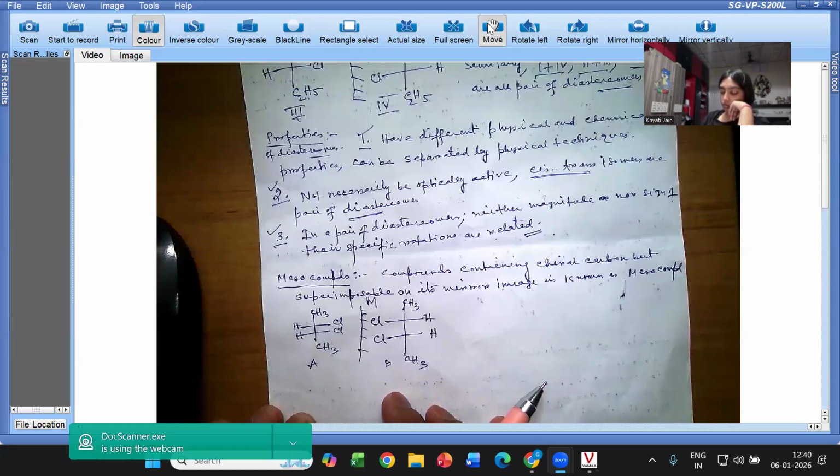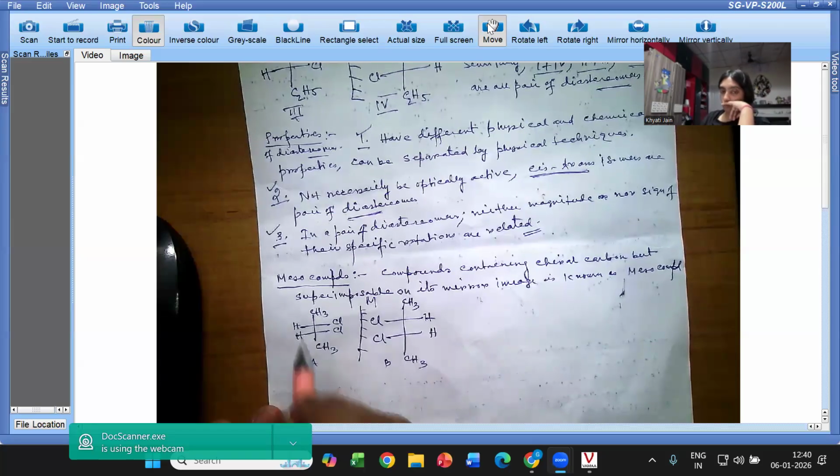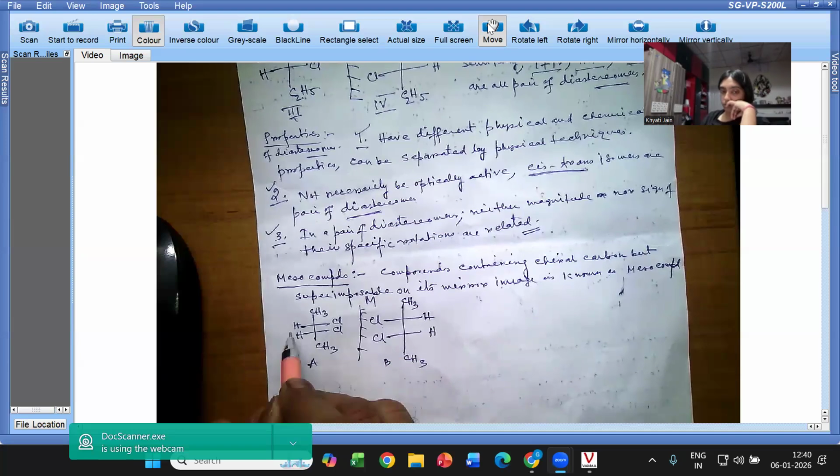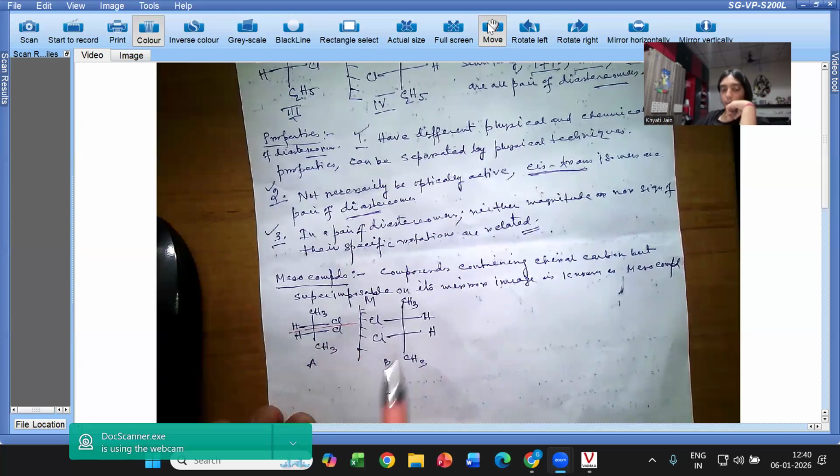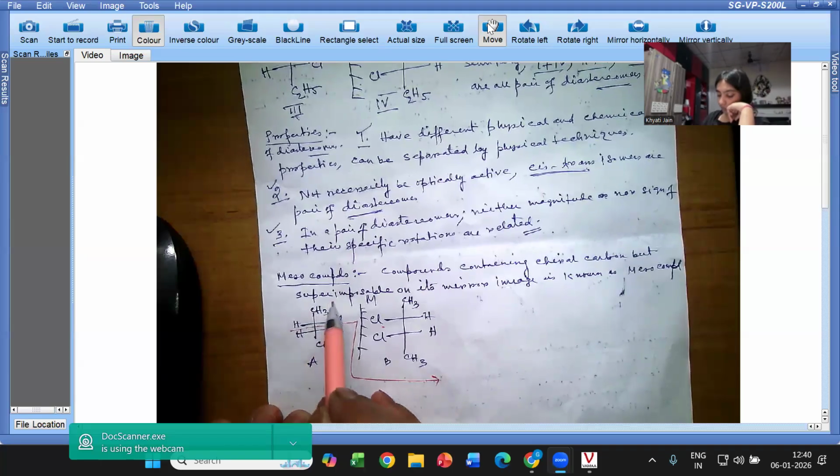Hence, A and B are the same isomer as well as optically inactive. These are optically inactive compounds. Why this? Because if you cut this section, this part and this part are the same.